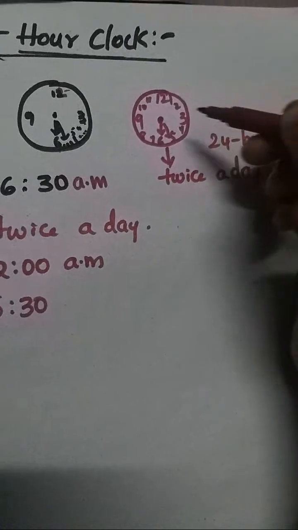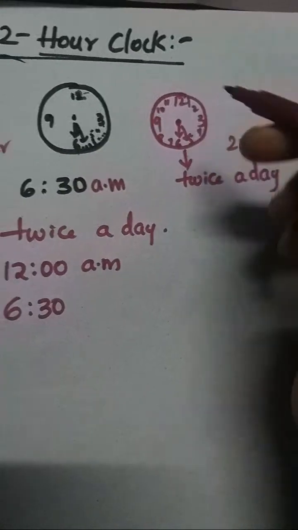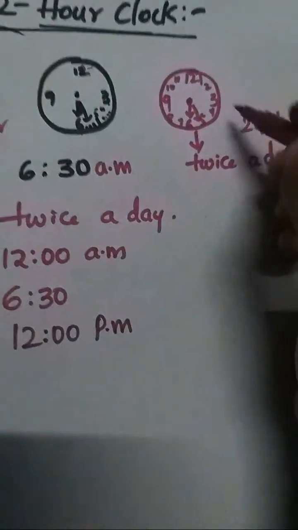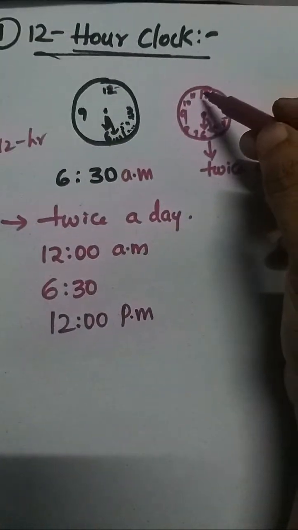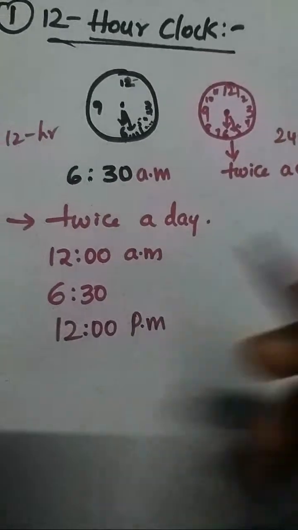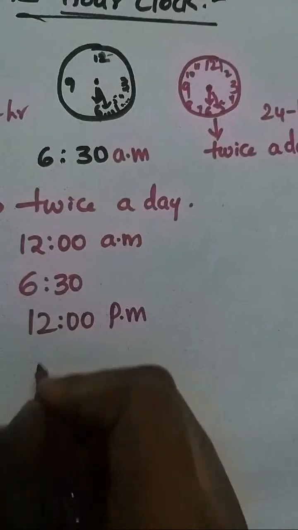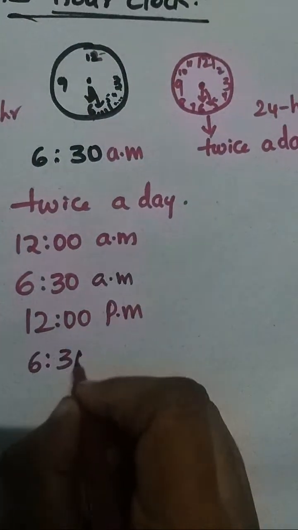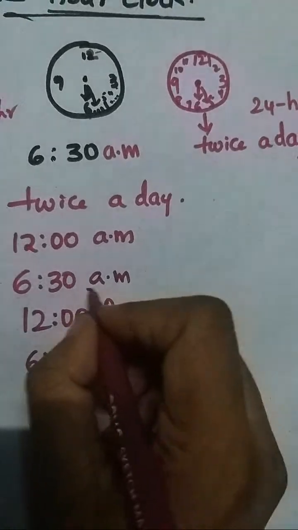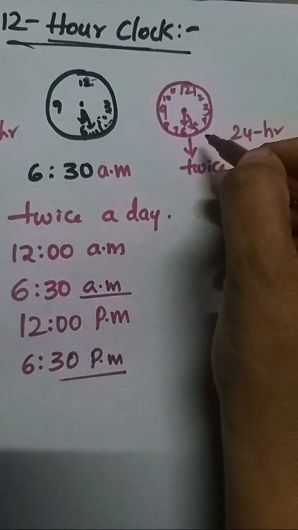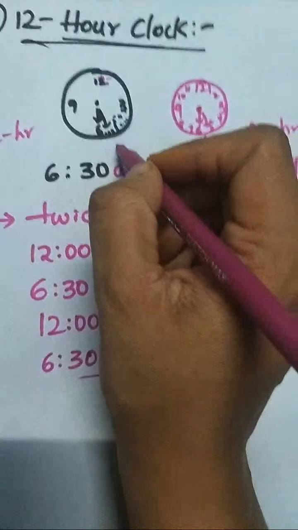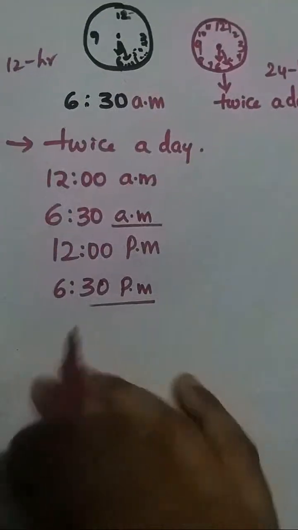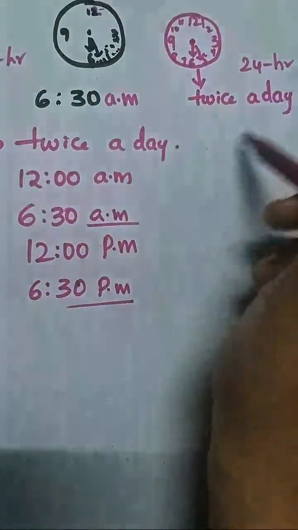Then it starts at 12 p.m. If again the pointer comes to 12, then that becomes p.m. of the day. Then it becomes 6:30, that is 6:30 p.m. This is am and it is pm. Okay, now this is in the morning and this is evening, rotating twice.